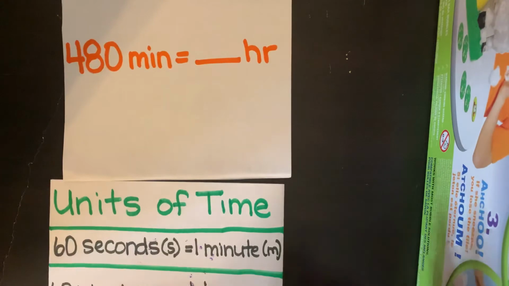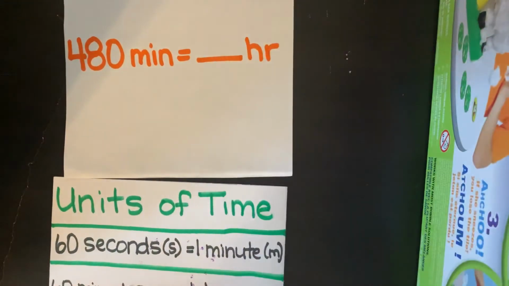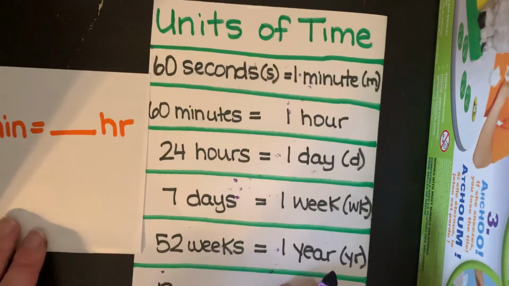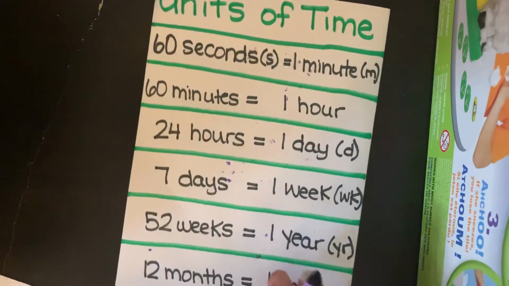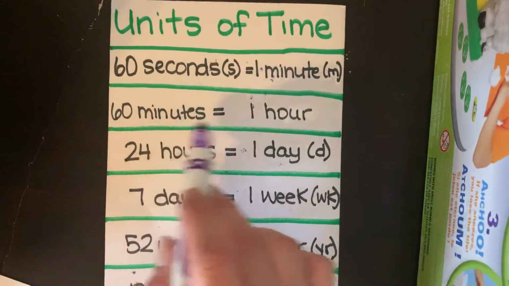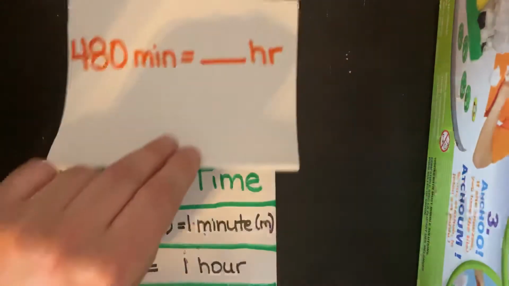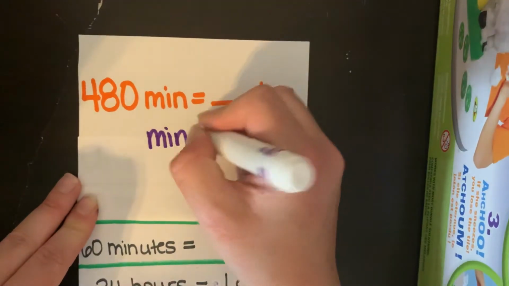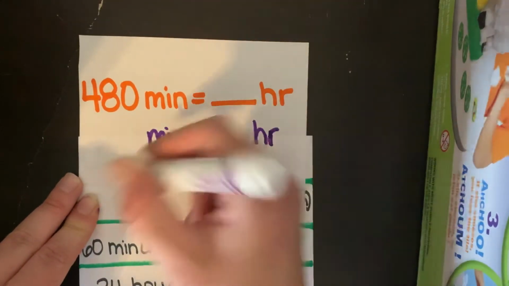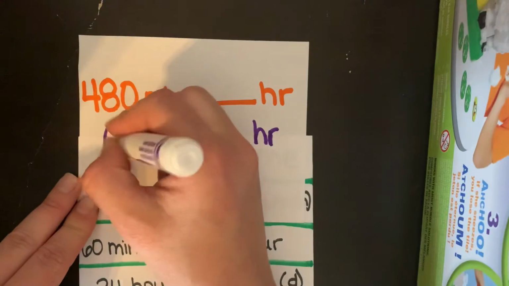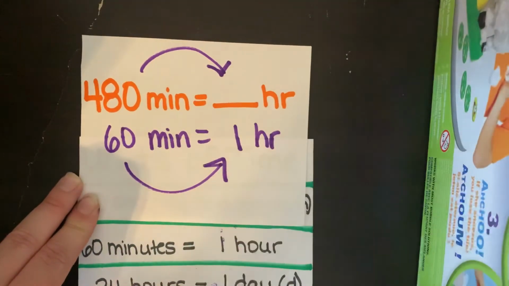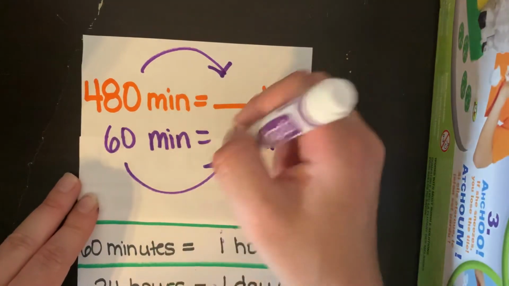Okay, we'll do one more conversion equation. 480 minutes is how many hours? So what equation would you plan on using? 480 minutes is how many hours? You should be looking at this one. So I have 60 minutes is 1 hour. I want to fill in the correct units. 60 minutes, 1 hour. And for this one, my number got smaller.